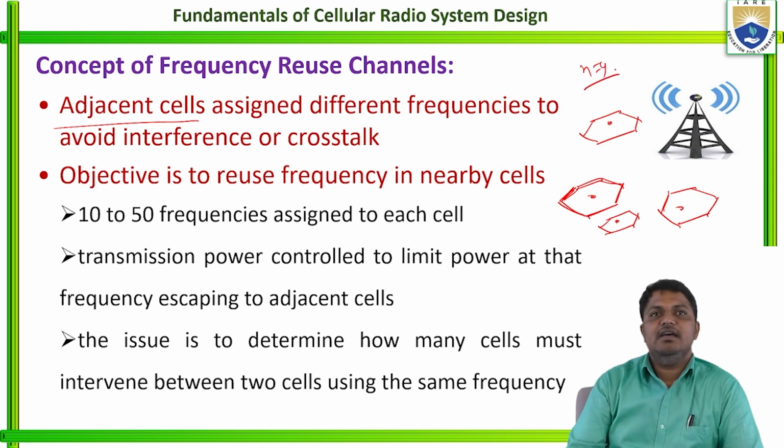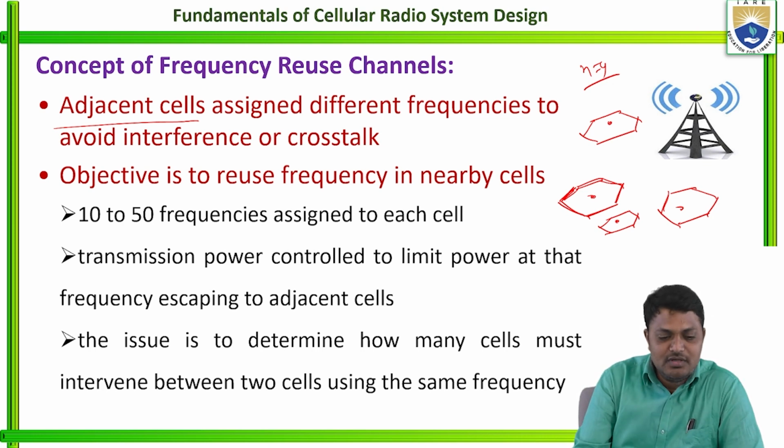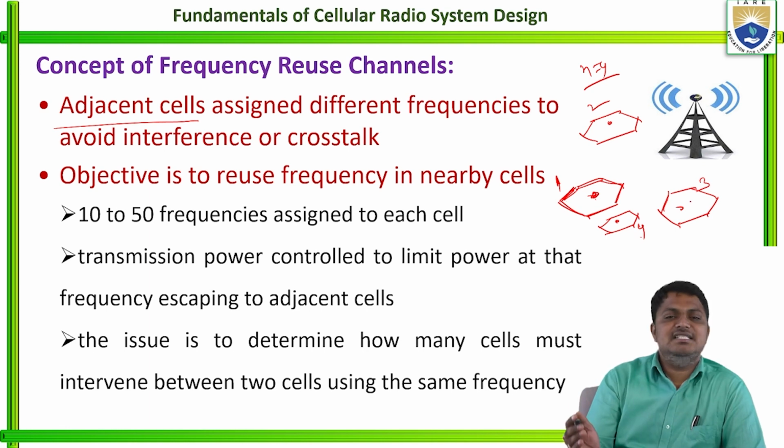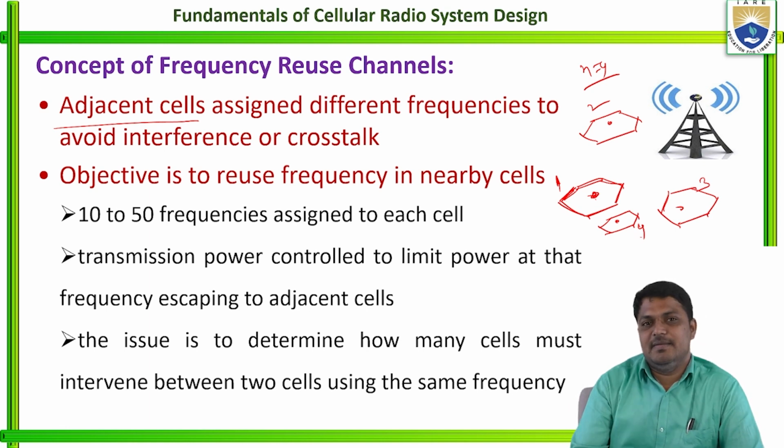This is cell 1, cell 2, cell 3 and cell 4. For cell 1, the adjacent cells are 2, 3 and 4.